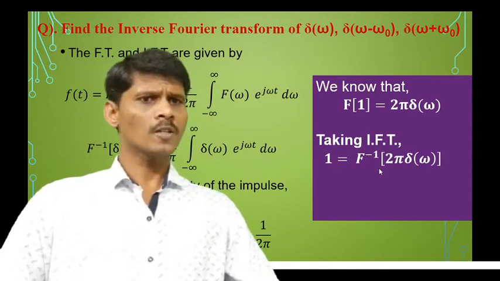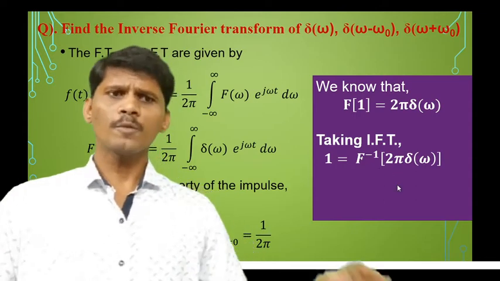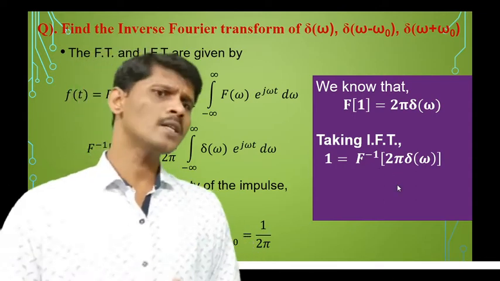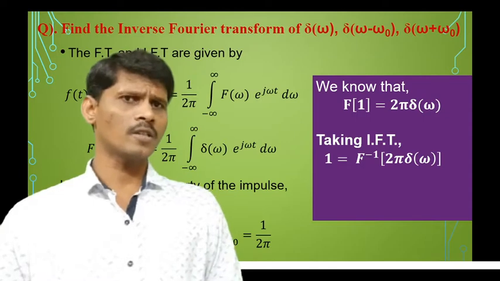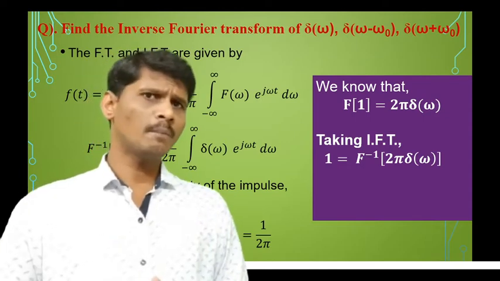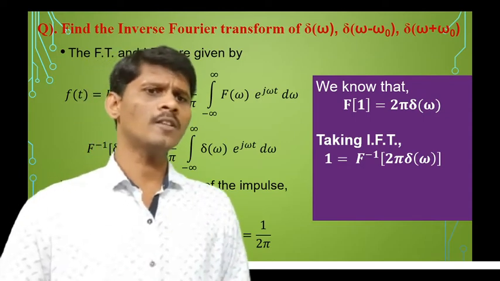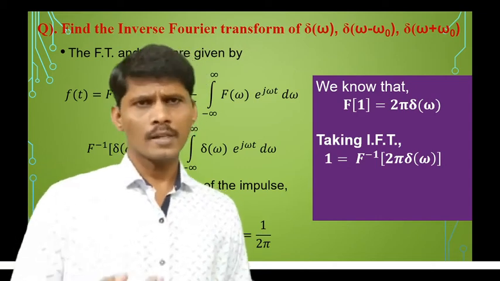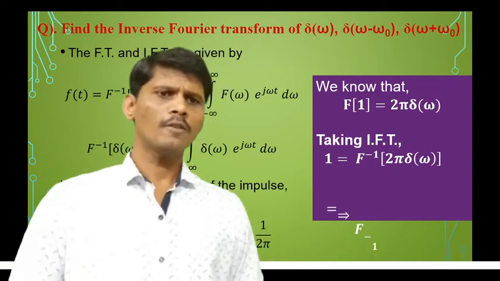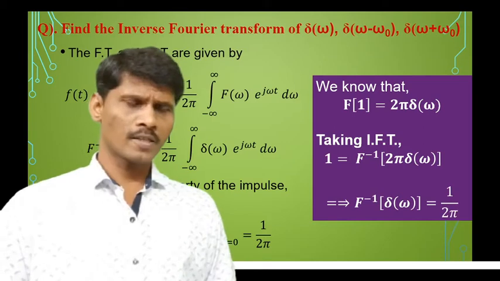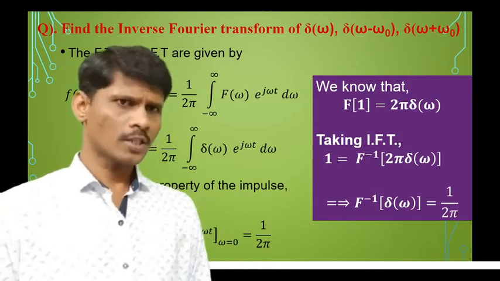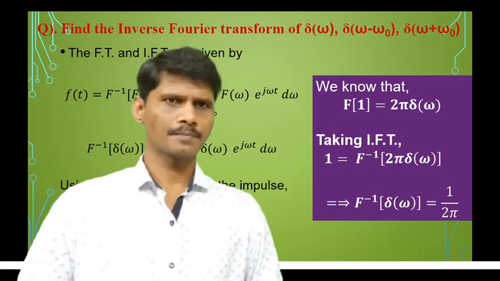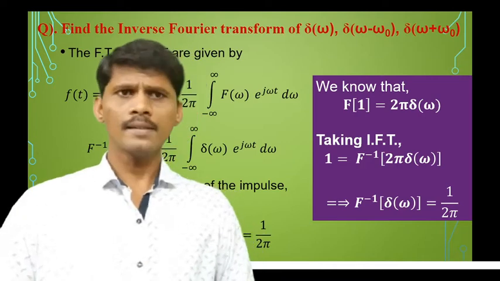The RHS term is the inverse Fourier transform of 2π δ(ω), where 2π is a constant, so moving it to the LHS we have 1 divided by 2π. The remaining RHS term is F inverse of δ(ω). Therefore, F inverse of δ(ω) is equal to 1 by 2π. So this is another method.